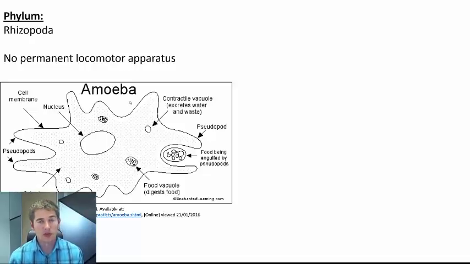And they can also use this same strategy to engulf food, as you can see down here if you can see my cursor. So they've engulfed this food particle, and then they can engulf that within the cell, and then it gets digested. So we have an amoebic body plan. So this belongs to phylum Rhizopoda.